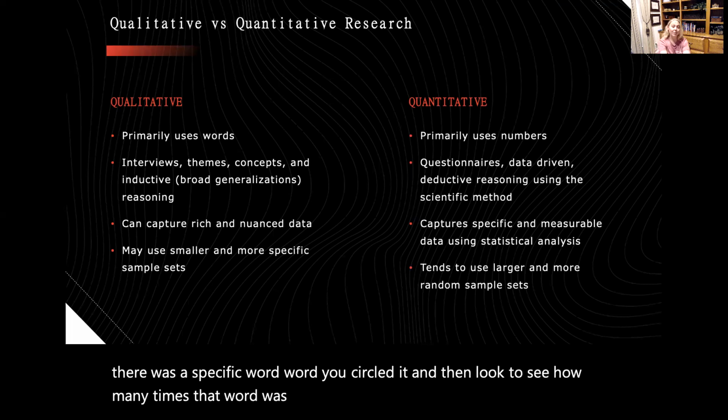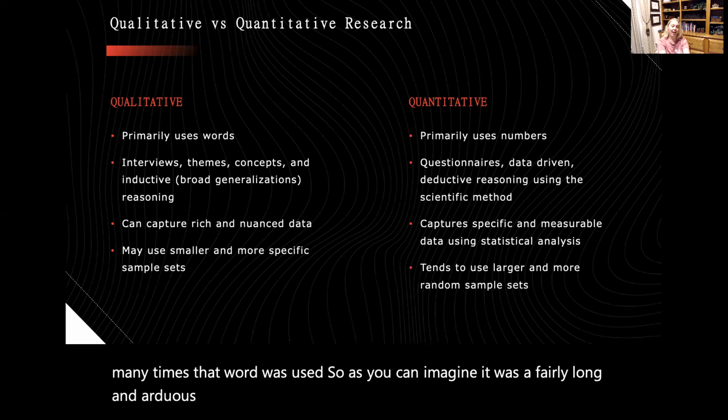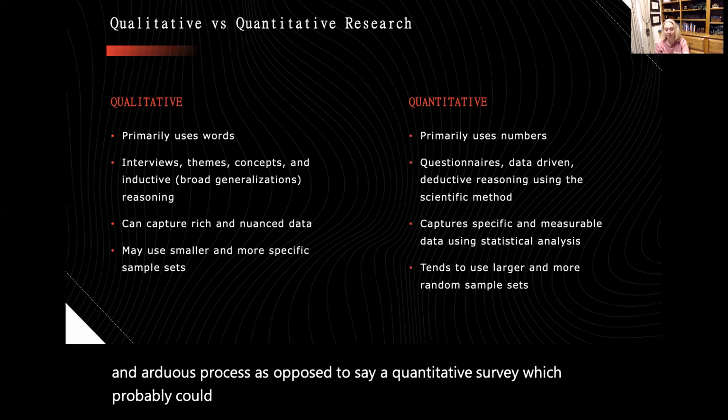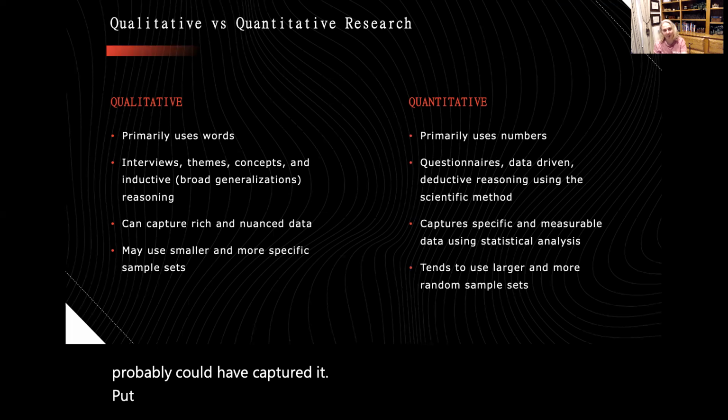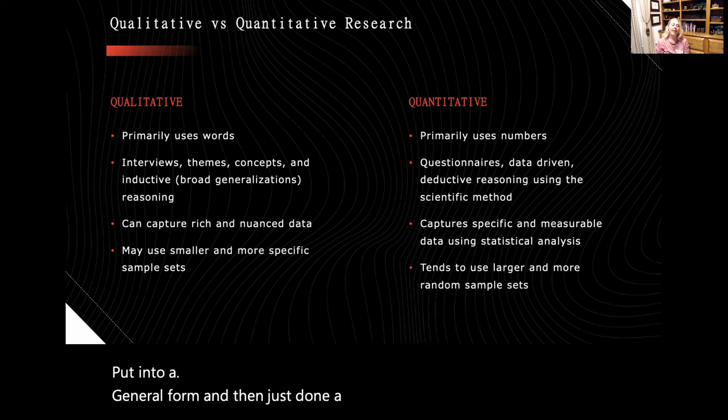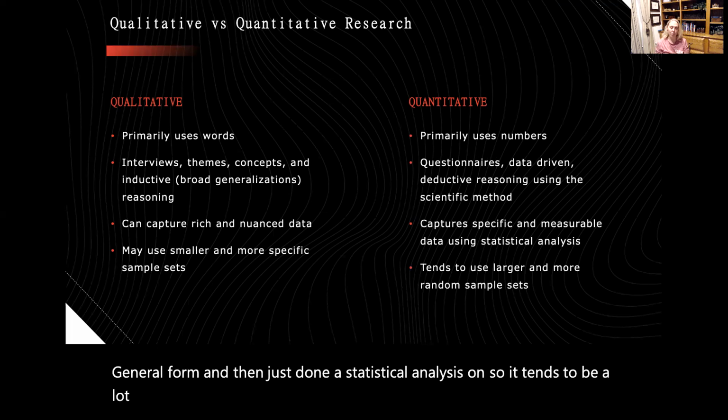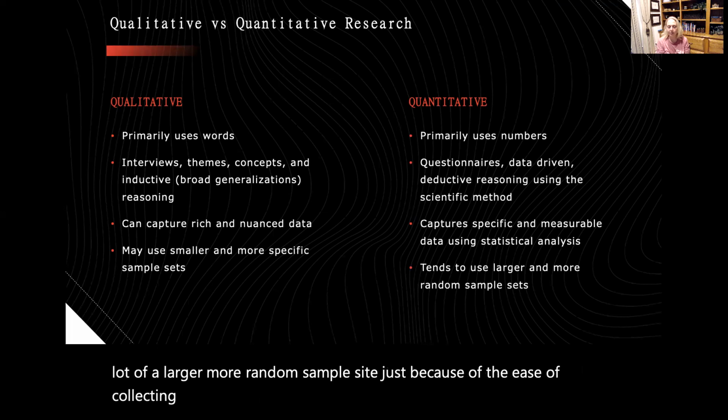So as you can imagine, it was a fairly long and arduous process, as opposed to say a quantitative survey, which probably could have captured it, loaded into a general form, and then just done a statistical analysis on. So it tends to be a lot of a larger, more random sample set, just because of the ease of collecting data when you're doing quantitative research.